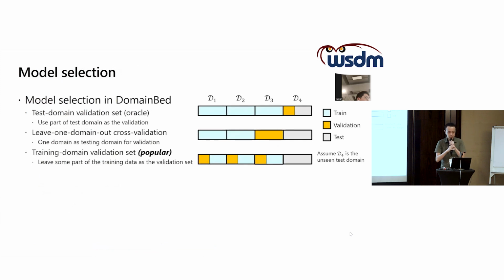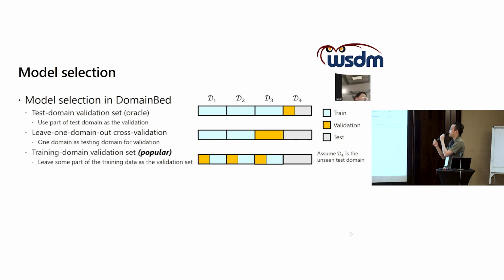Okay, so how do we do this evaluation? For that, I want to introduce model selection for DomainBed. Actually, 3 different kinds of strategies have been considered.